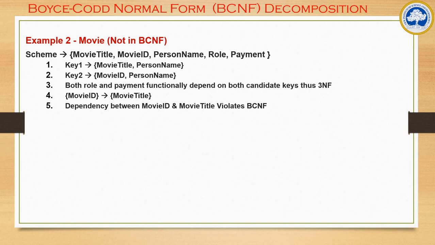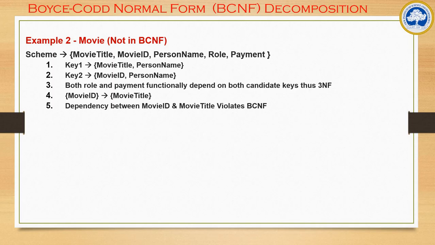And one more example: movie title, movie ID, person name, role and payment. Here the key attributes are: movie ID is one key attribute, and person name is another key attribute. Here movie title is dependent on movie ID, so obviously it is violating BCNF.